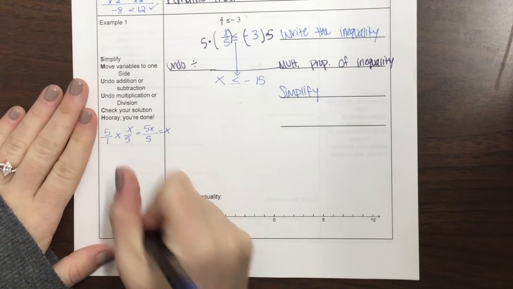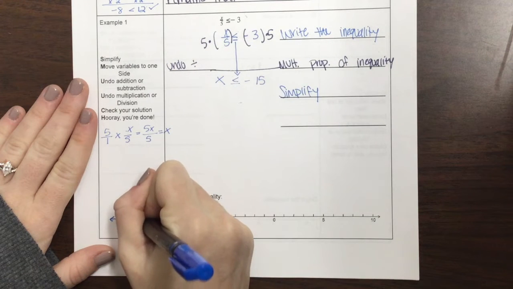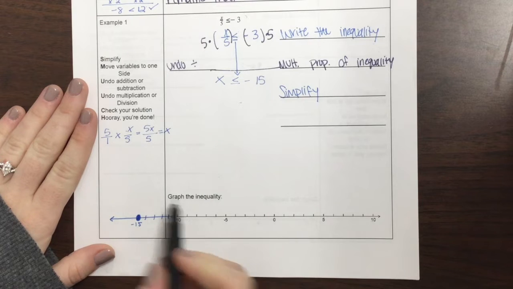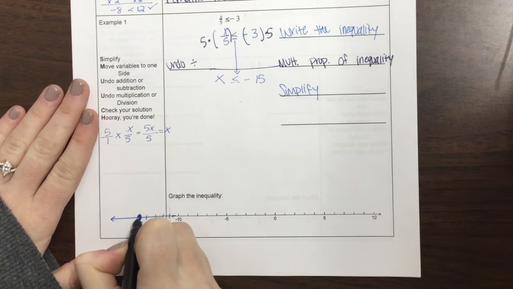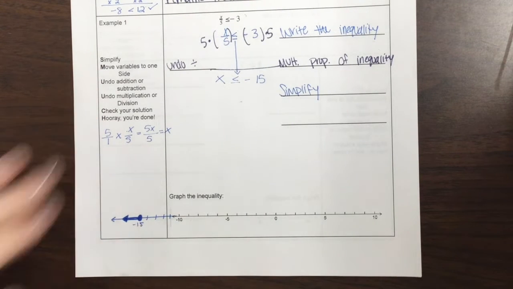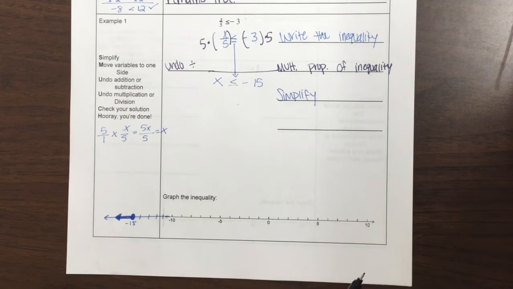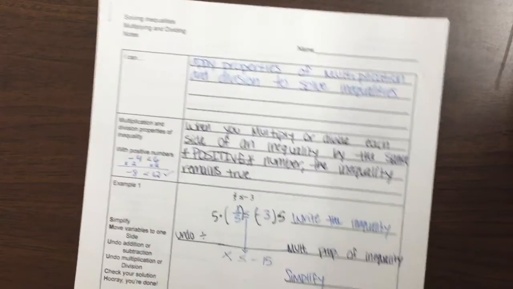So circle on negative 15, it's a less than or equal to, so it's a closed circle. And then x is less than anything, so anything that's going this way is what's going to work. Just keeping sharp on our graphing skills. So again, it's just like solving an equation, but this time without the equal sign.